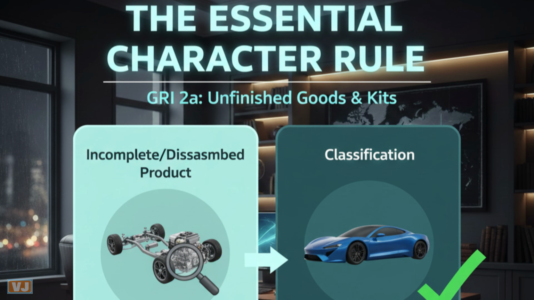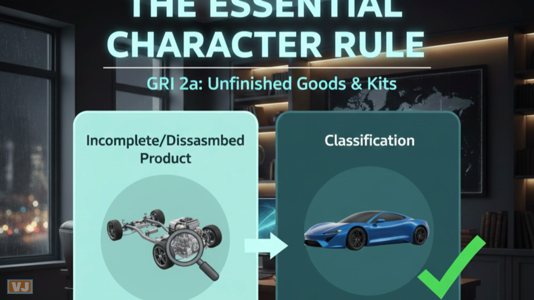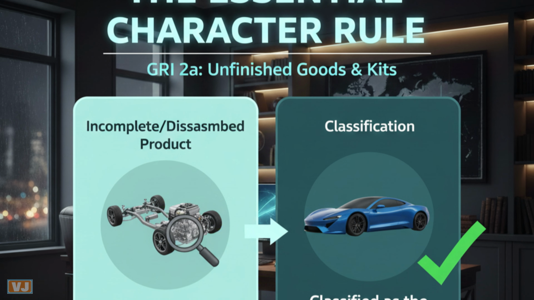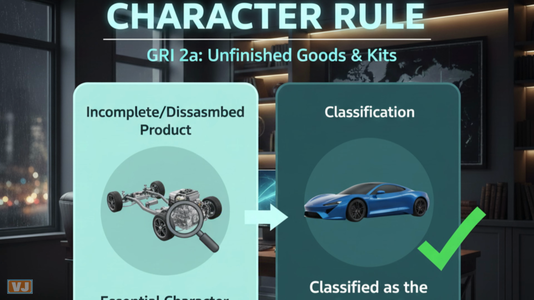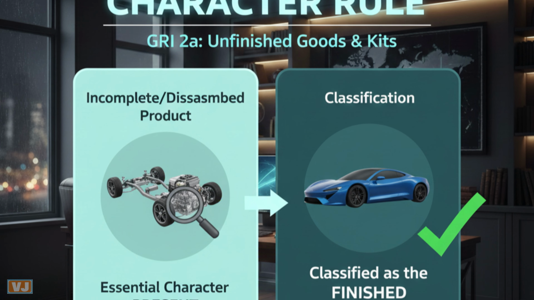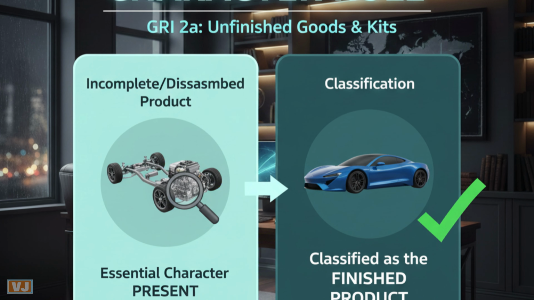It is just about intent and identity. So in this case, GRI 2 does not apply because we are talking of the Bluetooth speaker maybe in finished form, and even if it is not in finished form and some component is missing, the essential character is there. So we can call it a finished item even in such a case. Even in a knockdown condition, we can call it a Bluetooth speaker.